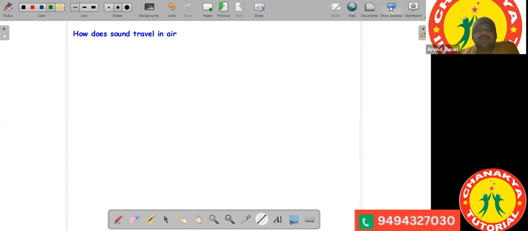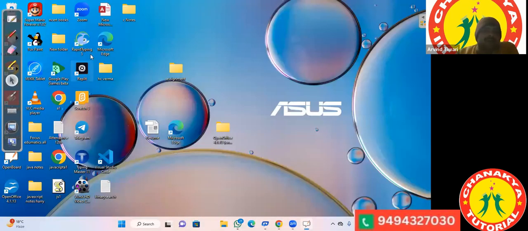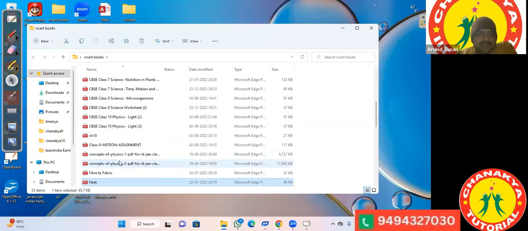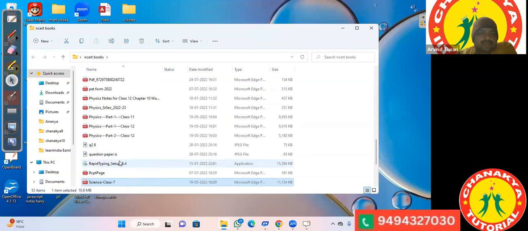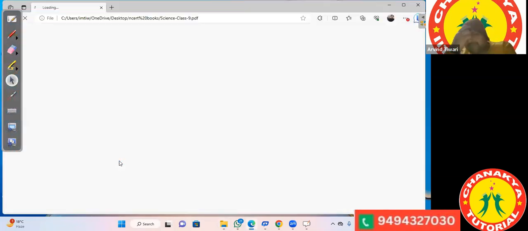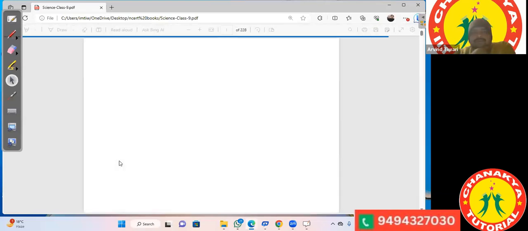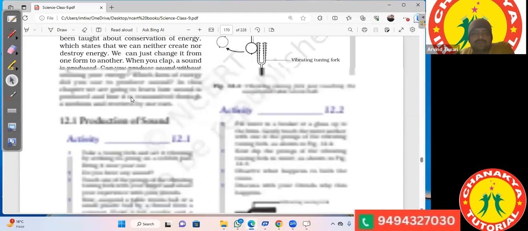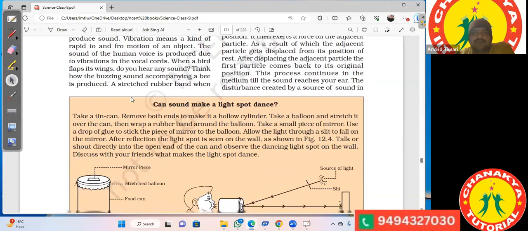If I draw the diagram, it will take me a lot of time. Rather, take the help of your book and try to understand how the sound wave propagates. Propagation of sound.